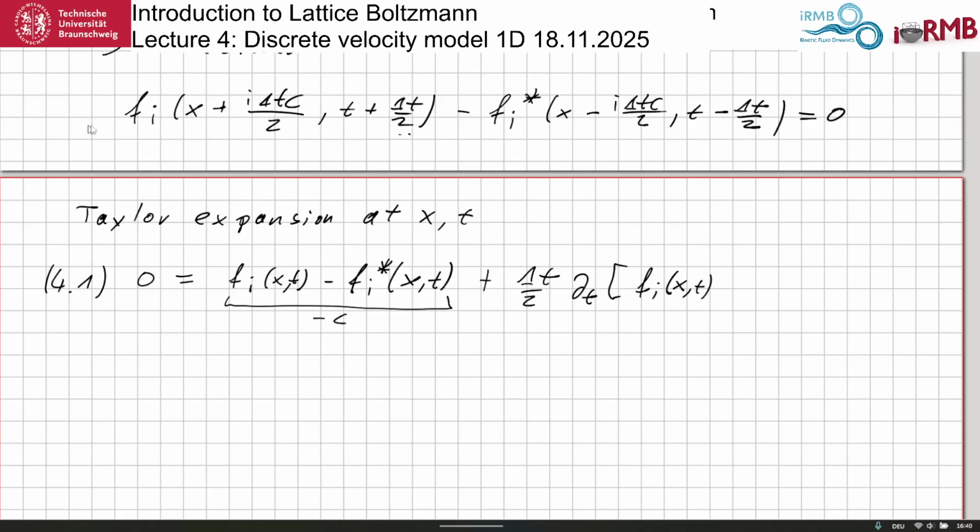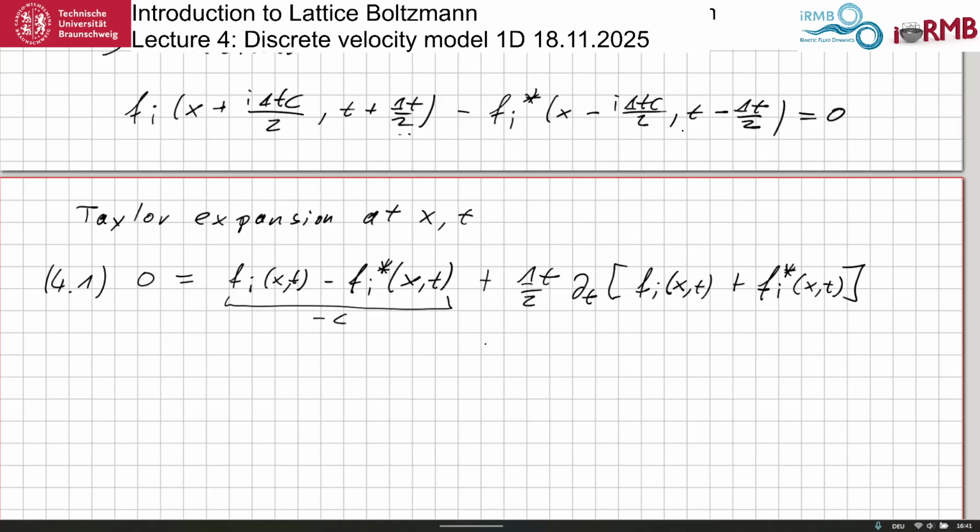So we have plus f. Yeah, we go in direction delta t half, plus delta t half. Now on the other side, we have minus fi after collision, and this goes in direction minus delta t. So because we have minus here and minus here, they will cancel out, and I get this fi asterisk plus x and t. Yeah?